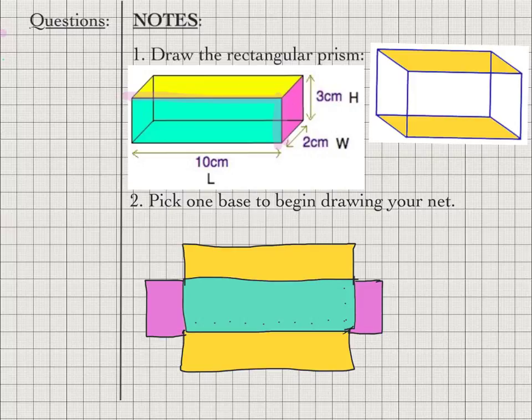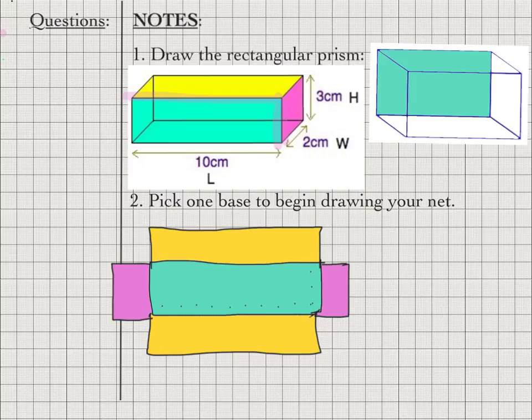And I need to end my drawing by drawing the back side. This teal we said was the front side. So if you can see here, this is the back side, which matches the front side. Now this back side was connected to the right side. This was our right side.